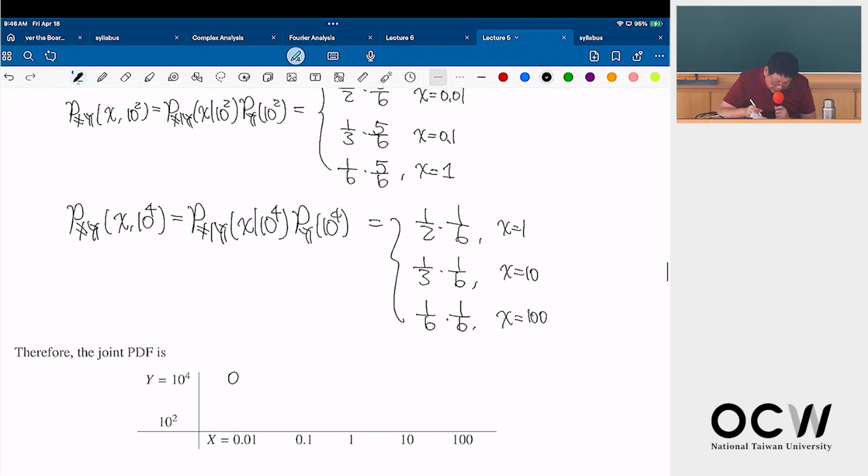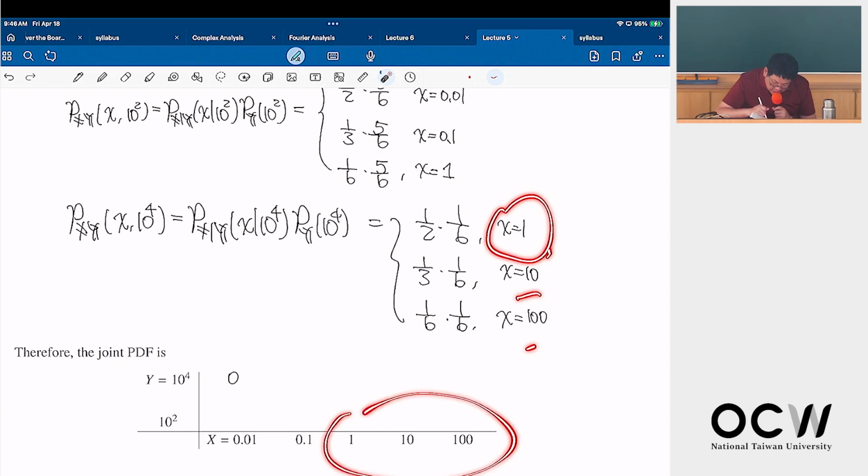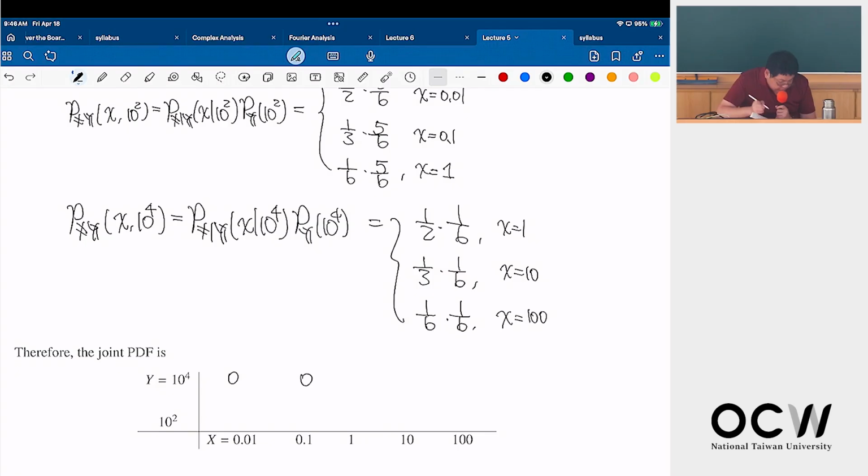When y is equal to 10,000, I only have values of x at 1, 10, 100. So if x is not those three numbers, I should have 0. Similarly, for y equals 100.